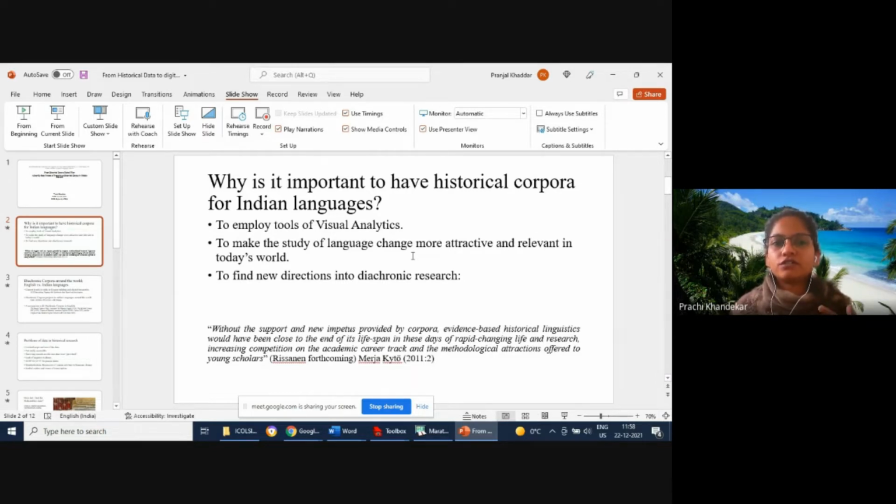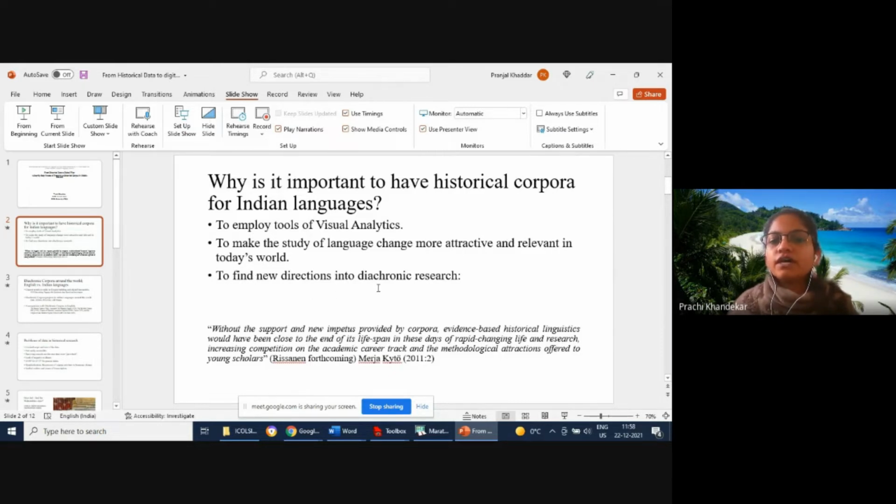Obviously, with such technical advances, data processing is getting so much easier and more lucrative. Student researchers are being attracted towards other fields of linguistics and corpus linguistics. So in order to bring more crowd to historical linguistics, we need to build more and more historical corpora to stay relevant in today's technologically advanced world.